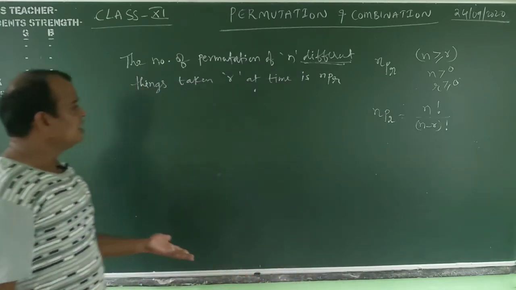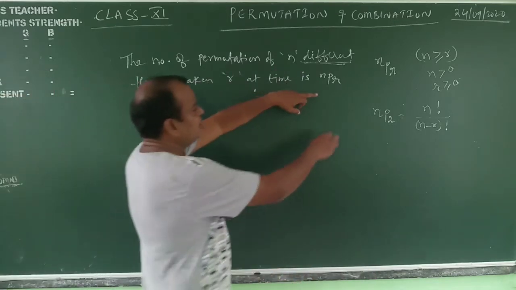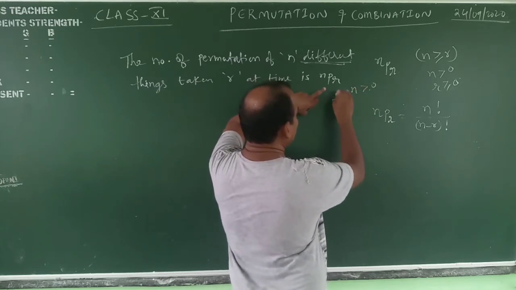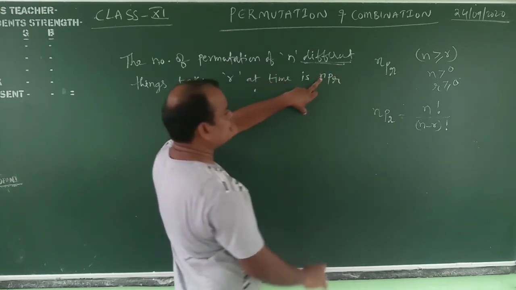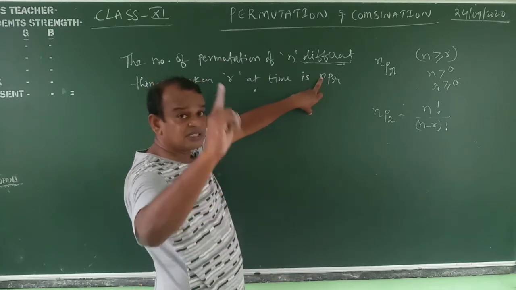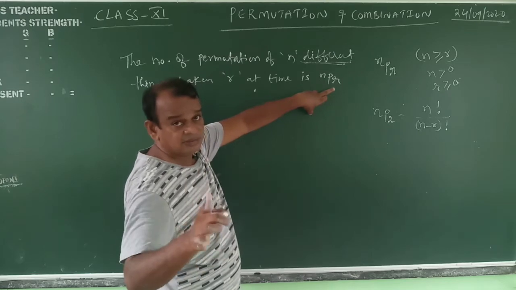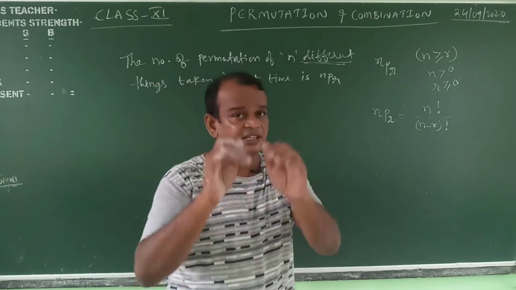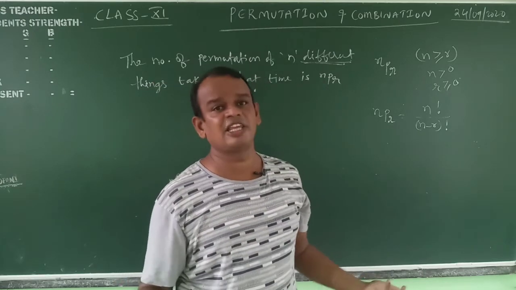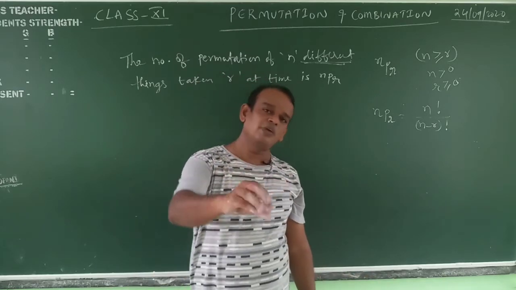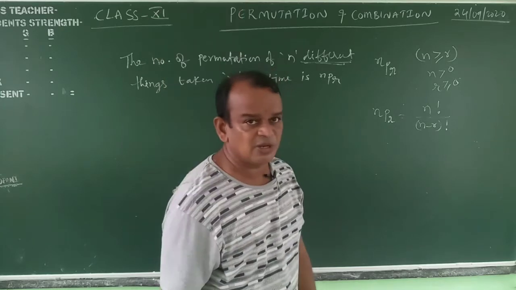Here also in nPr, n is greater than 0. Observe that n, the number of objects, is always more than or equal to r. For suppose 10 objects are there, can we select 11 objects? Is it possible? No. For suppose 5 students, now we will select and arrange 6 students, possible or not?